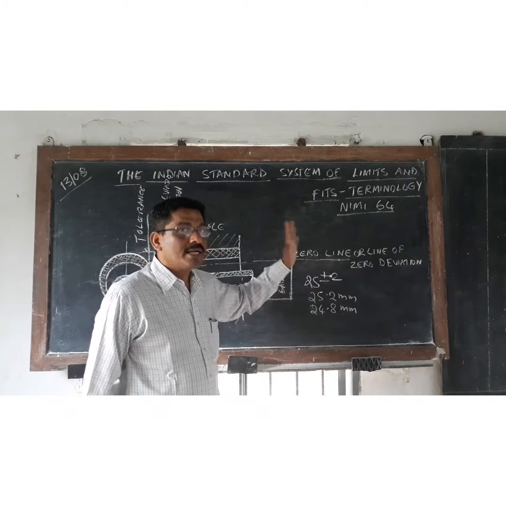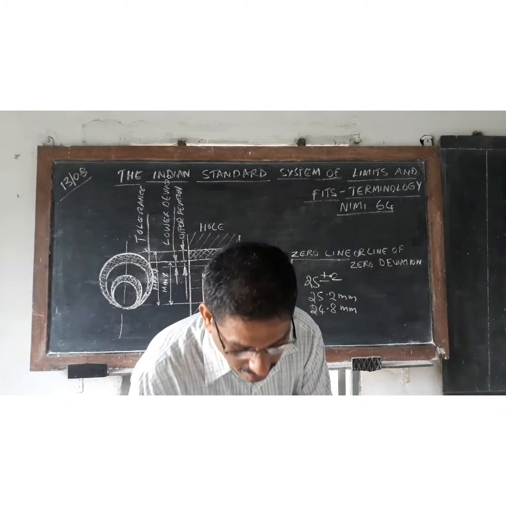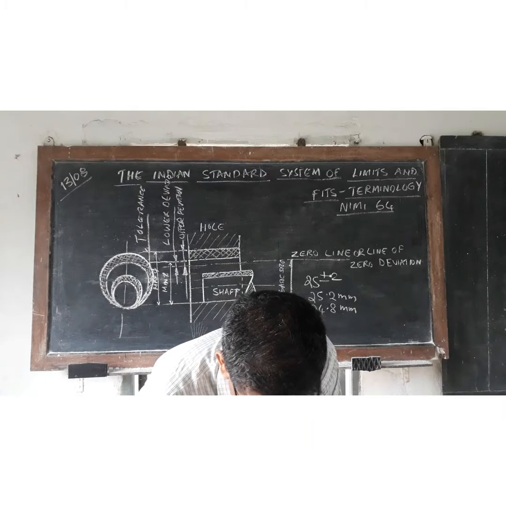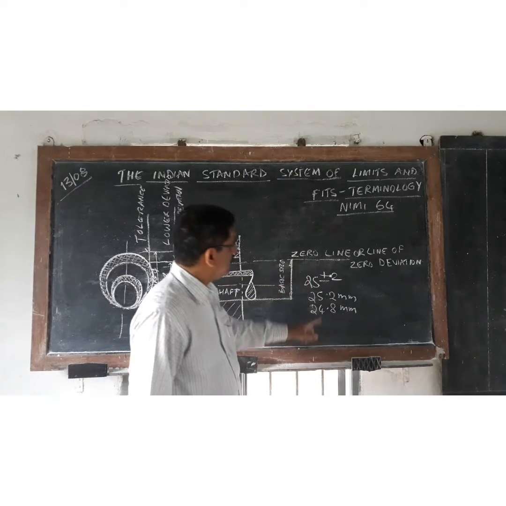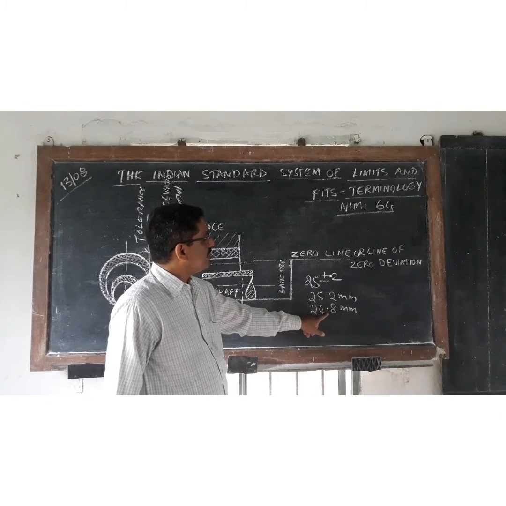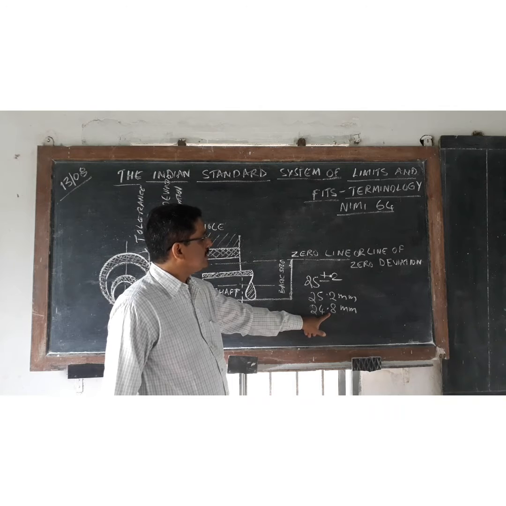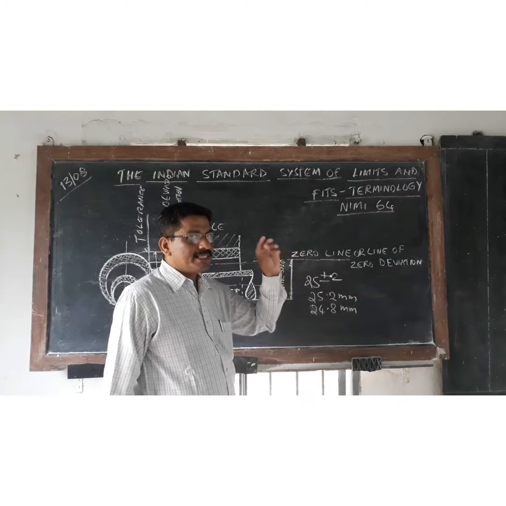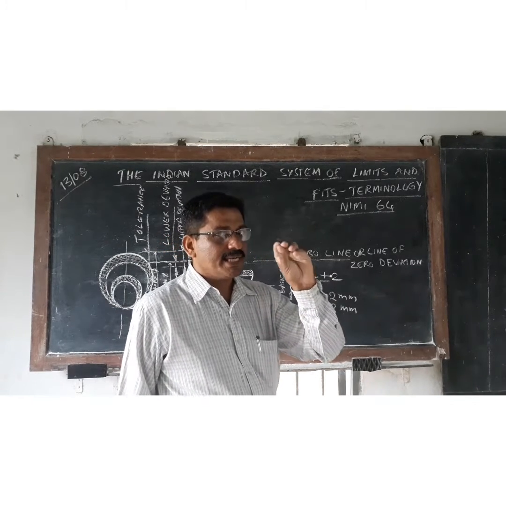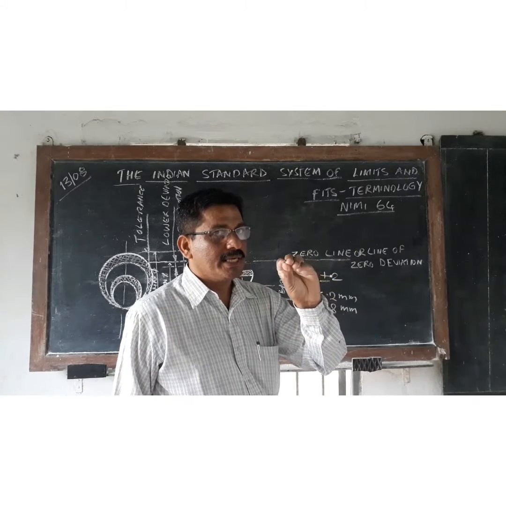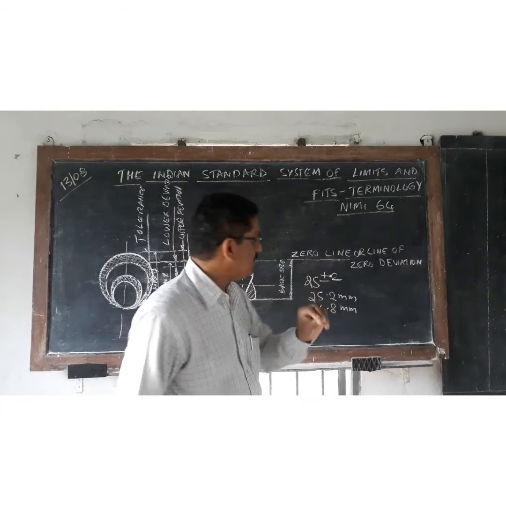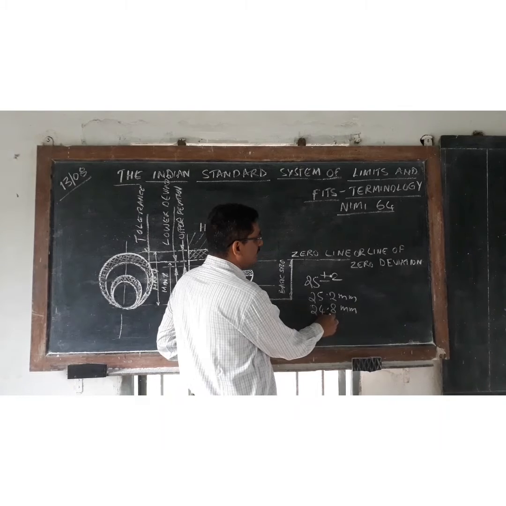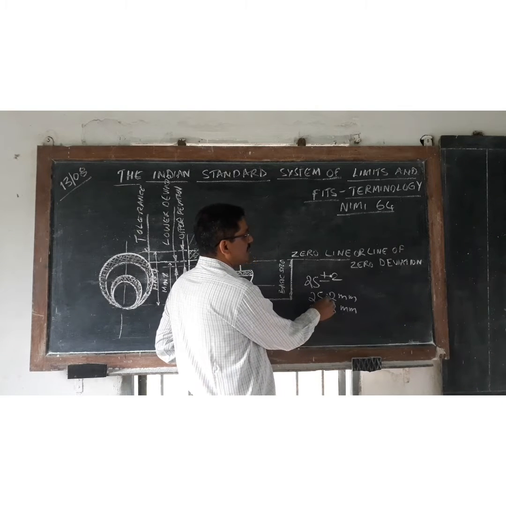So now tolerance, how much does it become? Your basic size is 25. Here it is minus 0.2 on the minus side and plus 0.2 on the plus side.